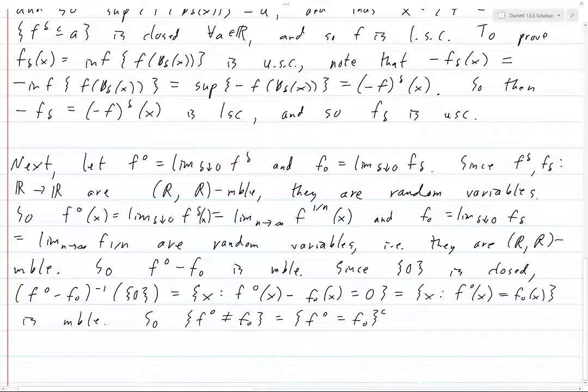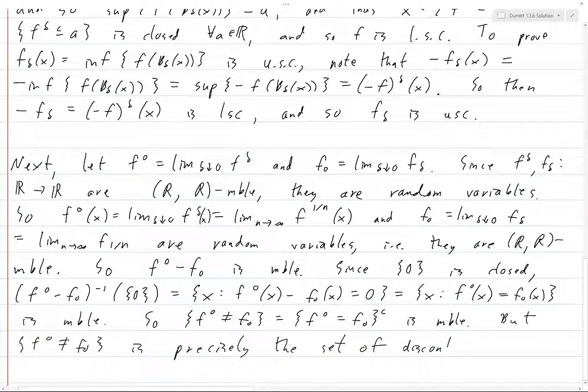But f upper 0 not equal to f lower 0 is precisely the set of discontinuities of f. And so we've proven that the set of discontinuities of f is measurable, and that's what we wanted to prove, and so now we are done.